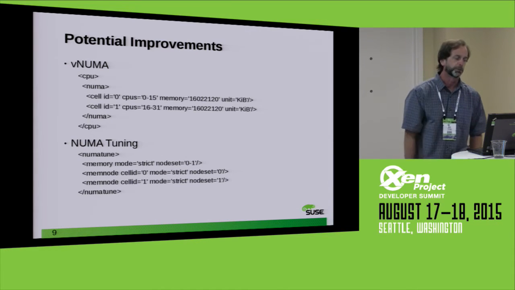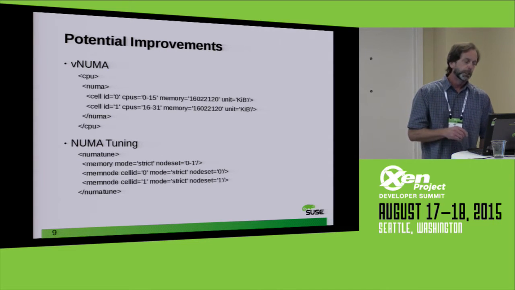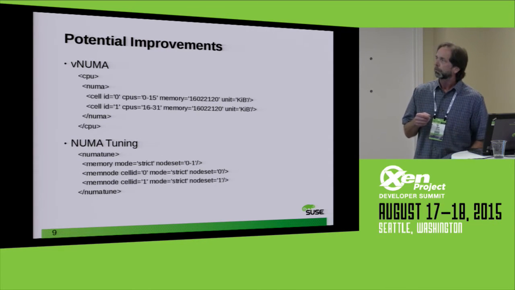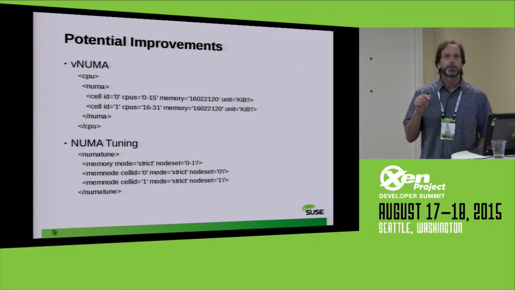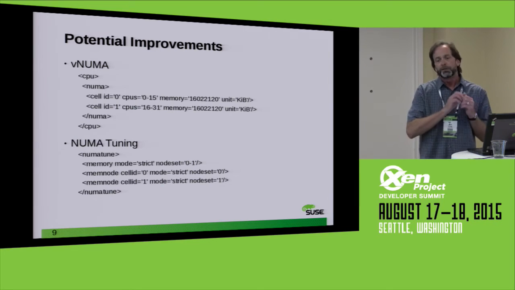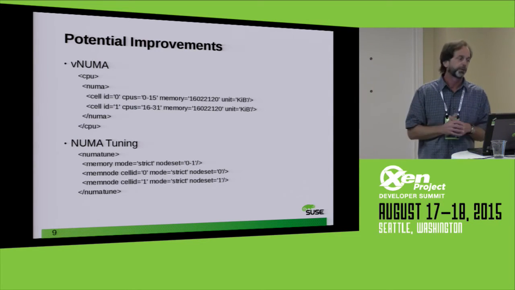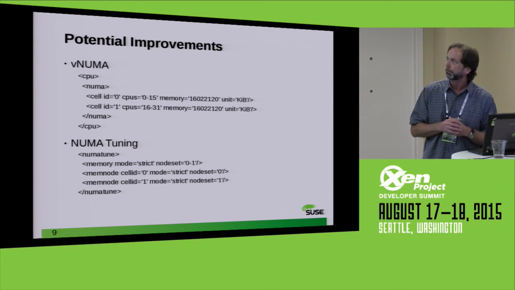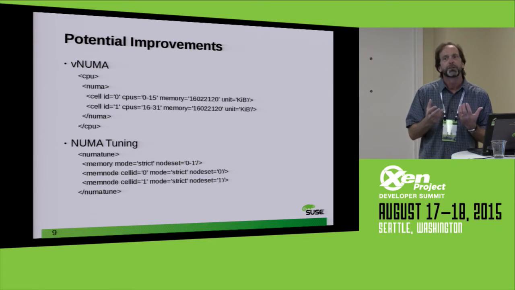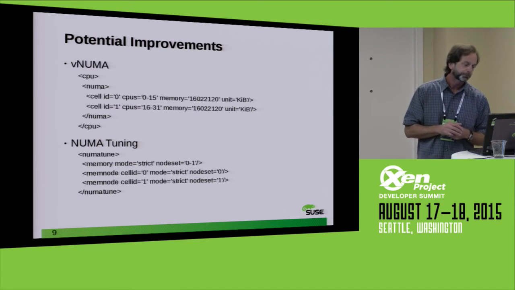That is what's expressed here. And, with our push to get libvirt and Xen working well in OpenStack, where you often have some very large machines, you just don't want to spew your CPUs and memory across whatever nodes the hypervisor picks for me. We really want to be able to specify these things explicitly for the guest.